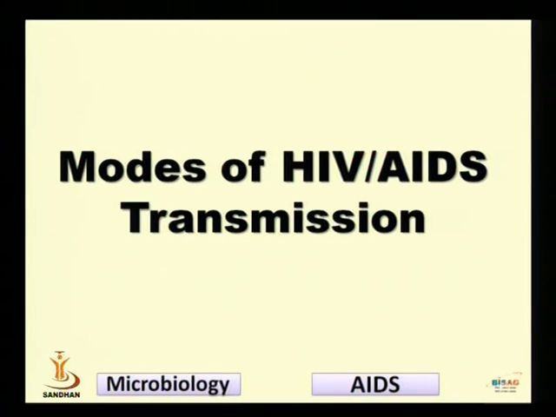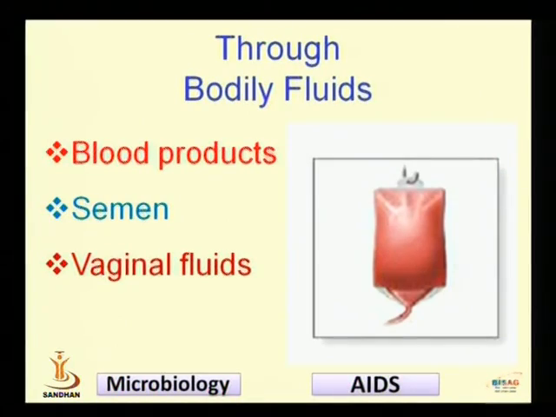Now let us come to the modes of HIV or AIDS transmission. How is this virus transmitted from one individual to another, and how does it spread in a community? First, it spreads through body fluids.